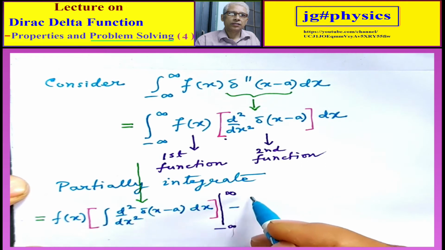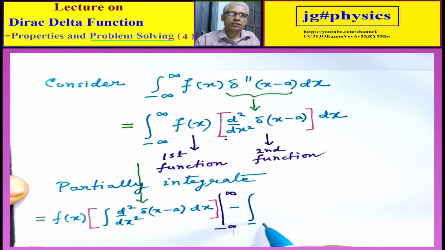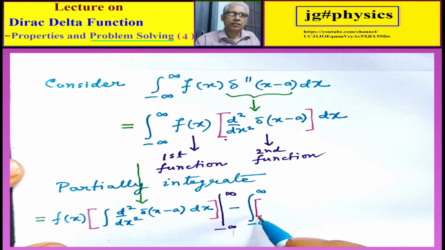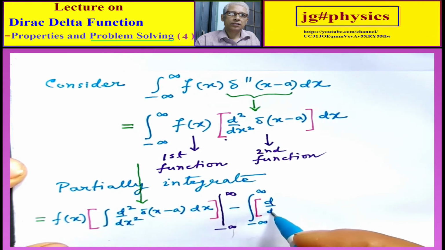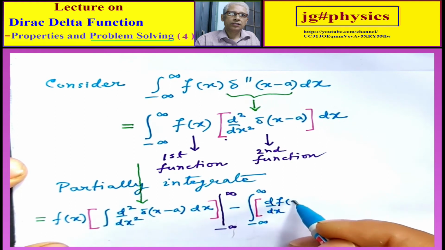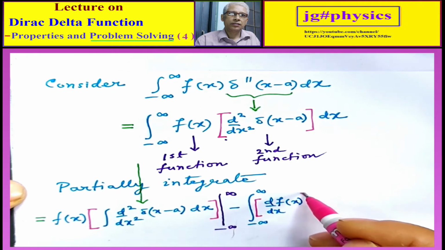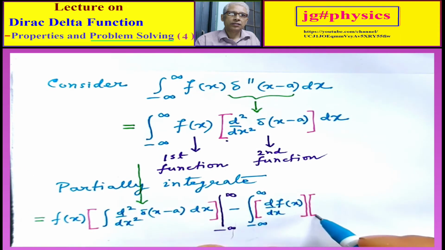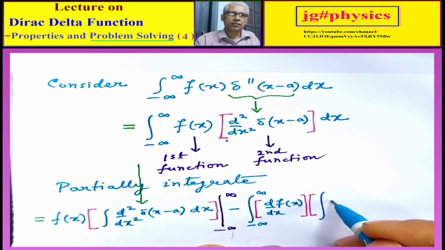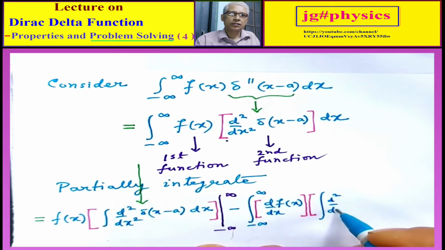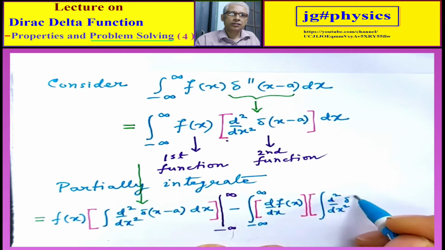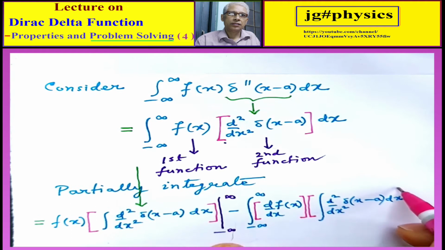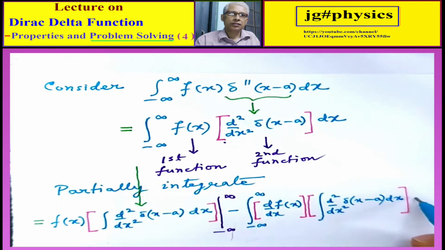So this is the first term, and now into the second term, integration minus infinity to plus infinity, first derivative of the first function, and then again integration over the second function. So we get the second term.